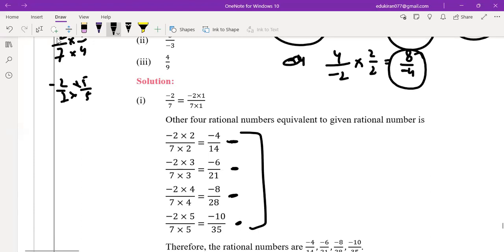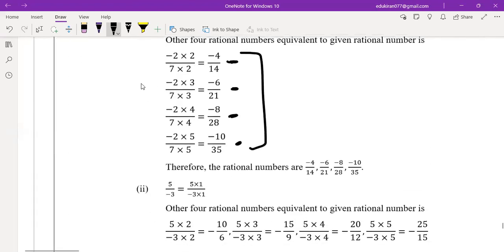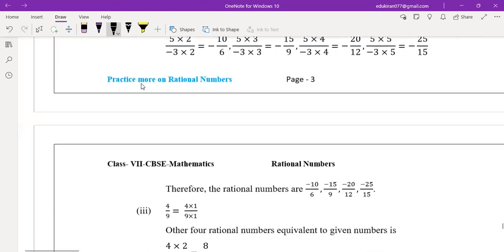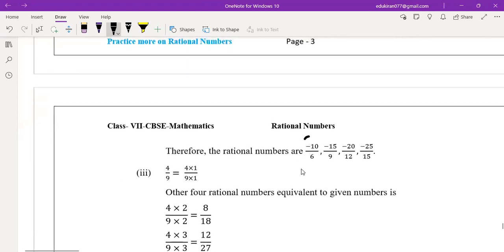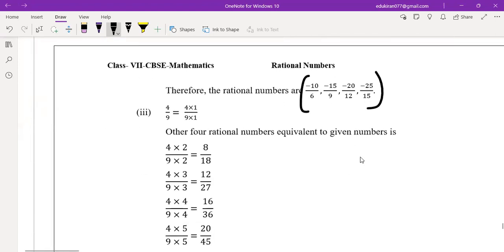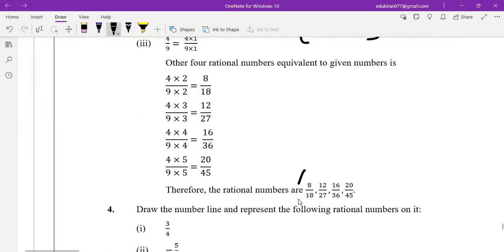Yes, correct, ma'am. Okay. Now the second one will be minus 10 upon 6, minus 15 upon 9, minus 20 upon 12, and minus 25 upon 15. Right? Yes, ma'am. Okay. Sindhu? Yes. 8 upon 18, 12 upon 27, 16 upon 36, 20 upon 45.